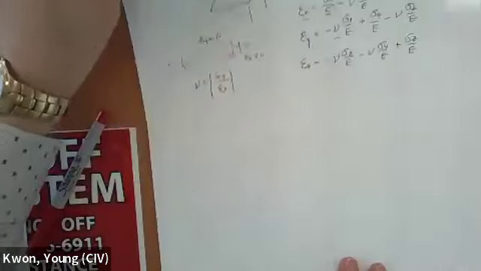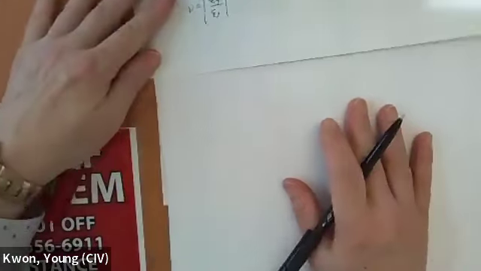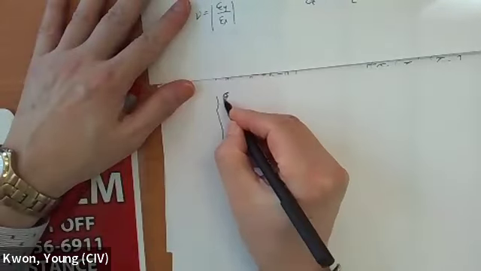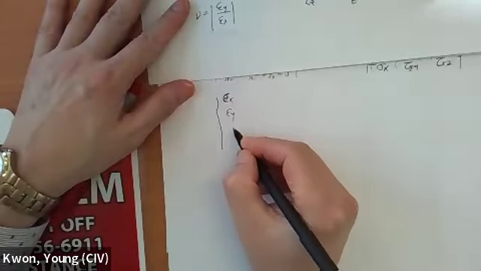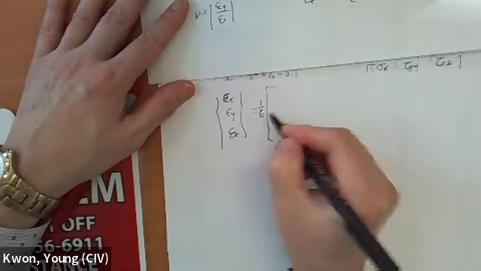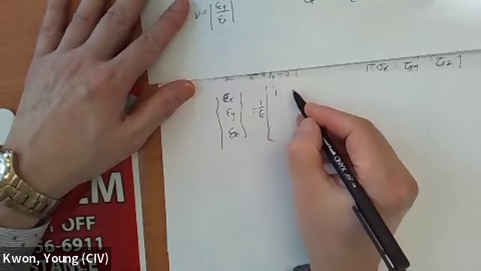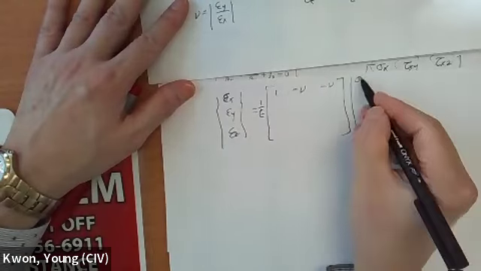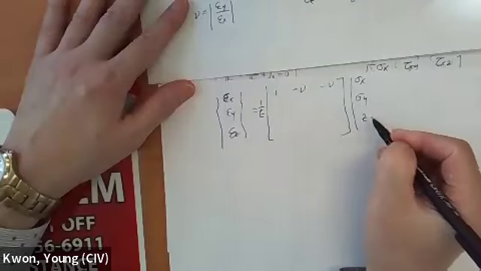So if you rewrite this in matrix form, epsilon x, epsilon y, and epsilon z, then that's going to be 1 over E, 1, negative nu, and sigma x, sigma y, and sigma z.